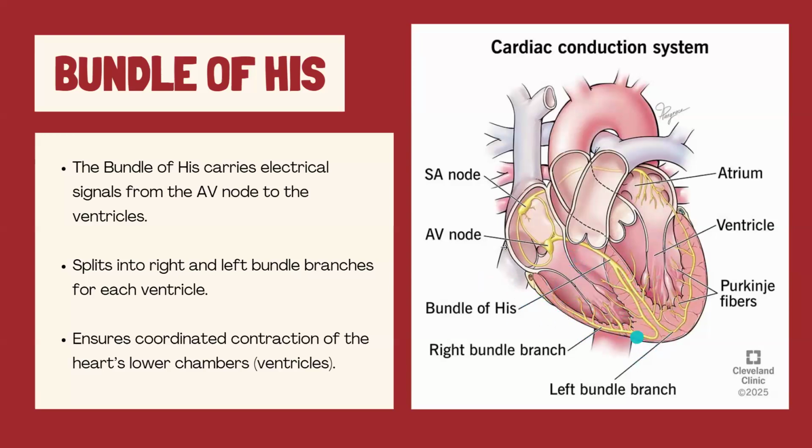Also, just a note, these are 2D diagrams, so it's going to be drawn in a V shape, but in reality this is all 3D, so it more likely looks like a cone. It also ensures coordinated contractions of the chambers, my bad, ventricles. So it makes sure that the signal goes into both these ventricles at the same time and at the same strength.